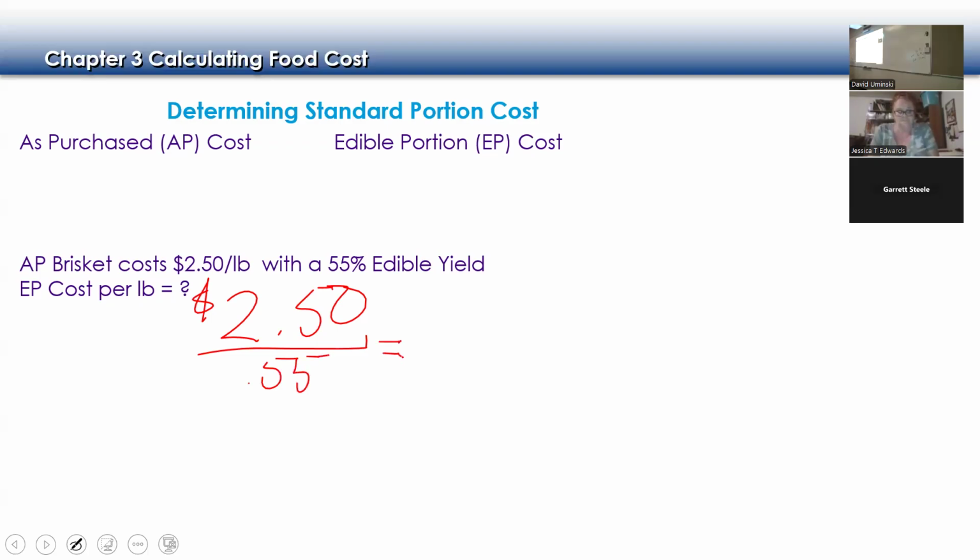So what is 2.50 per pound divided by 0.55? Wouldn't you be multiplying them? Nope. I'll show you why in just a second.